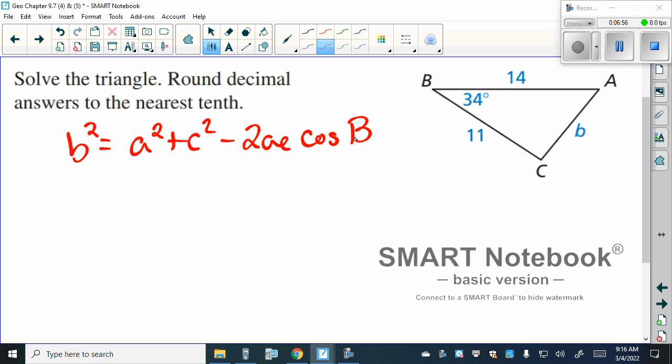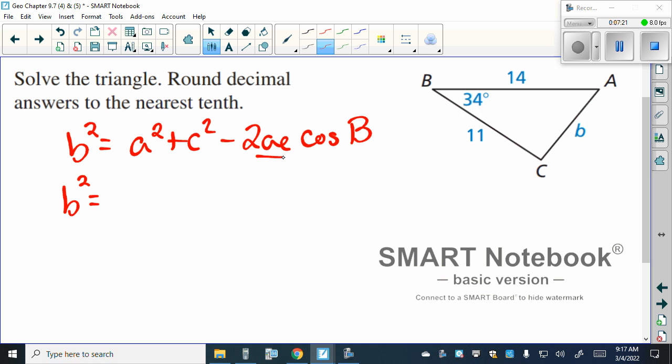Now I don't know what the length of B is, so we'll leave it as B squared. Now the other 2 side lengths are what? Which one's A? Could I put 14? Yeah, because 11 squared plus 14 squared is the same as 14 squared plus 11 squared. That doesn't matter.